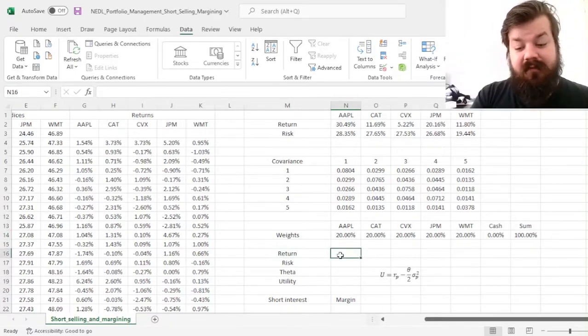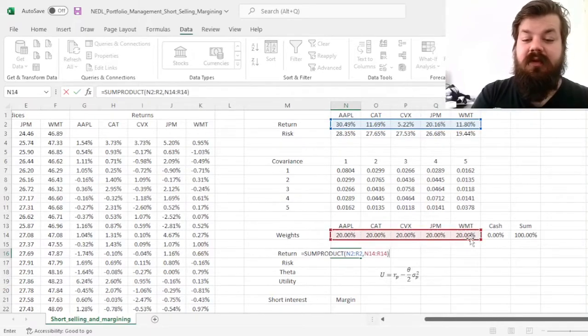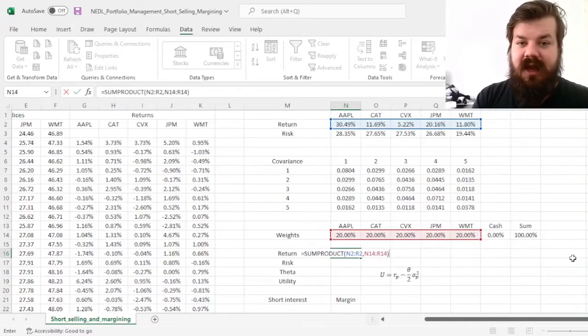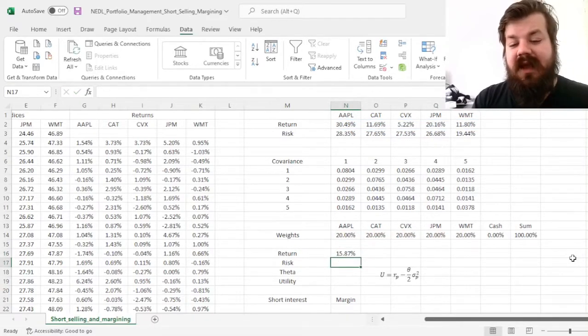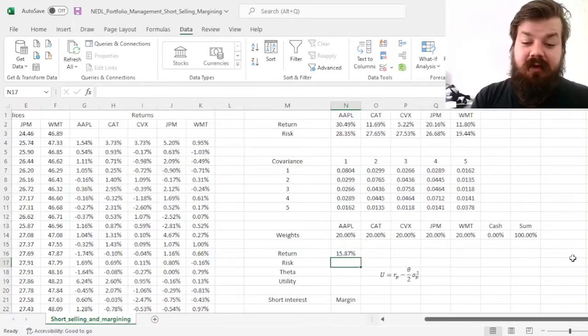For the return of the portfolio, we can use the sum product function and cross-multiply the returns onto the relevant stock weights. Here we don't need to worry about the cash, as cash has got 0 return. It's quite natural. And we get an expected return of 15.87% for our equally weighted portfolio here.